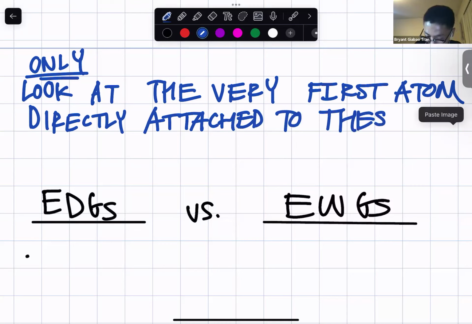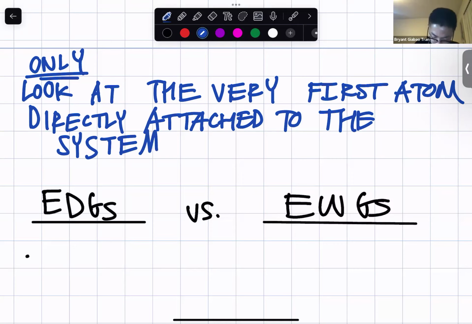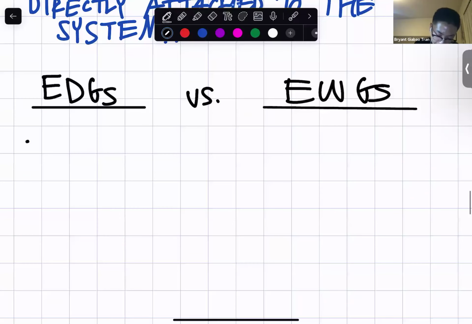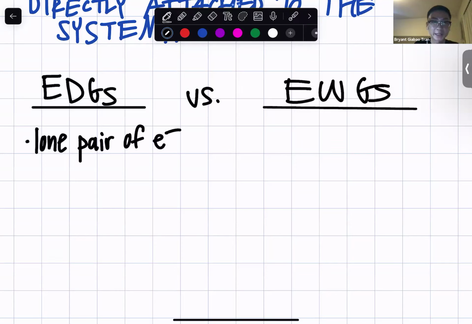Everything else is a distraction. That is important because I'll show you examples where some people get confused and switch up the EDG versus the EWG. Right. So for an EDG, if the atom has a lone pair of electrons, it's an EDG because it has lone pairs of electrons to donate into the system.